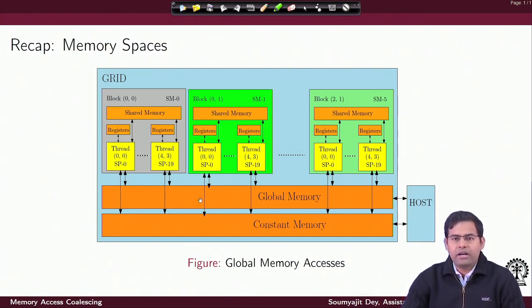Now, of course, by standard computer architecture techniques, register access is fast, shared memory access is a bit slow with respect to the register, but it is the global memory access which is a lot slower, because essentially this is outside the SM units, outside the entire GPU's compute environment. It is in the DRAM chip of the GPU. So, accessing the global memory is an order of magnitude slower.